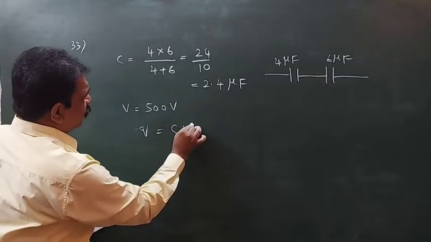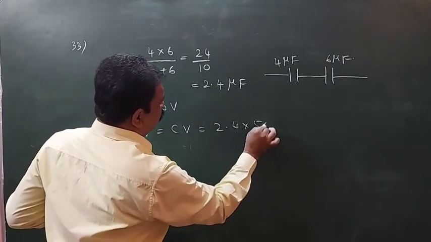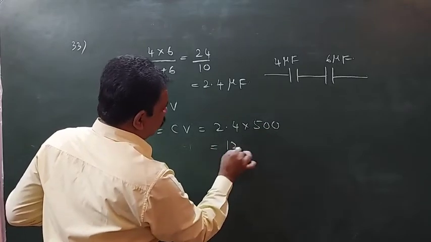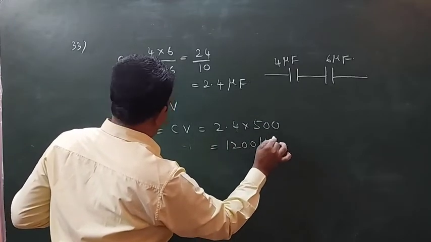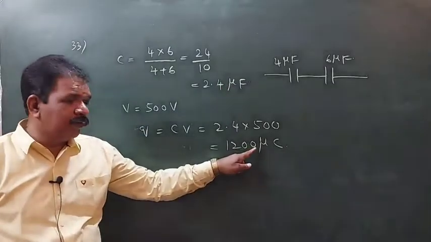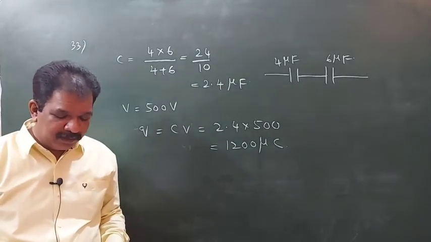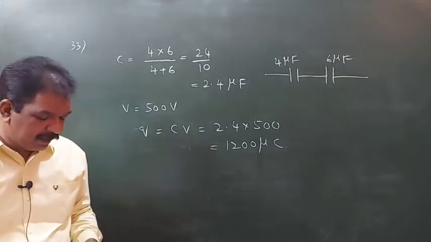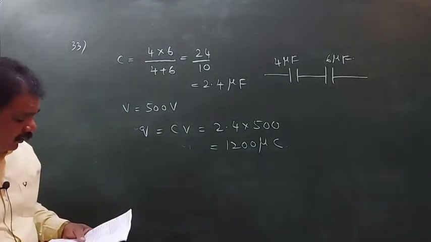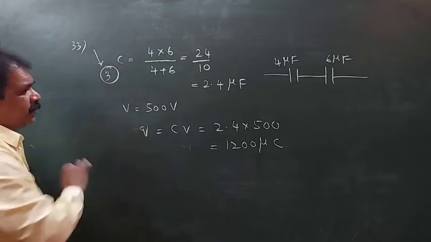So Q is equal to 2.4 into 500, which will be 1200 microcoulomb. Since the capacitance is in microfarad, the charge will also be in microcoulomb. So 33 will be the third option.